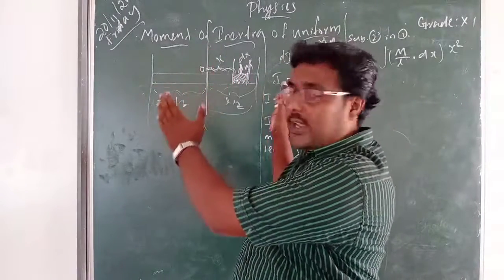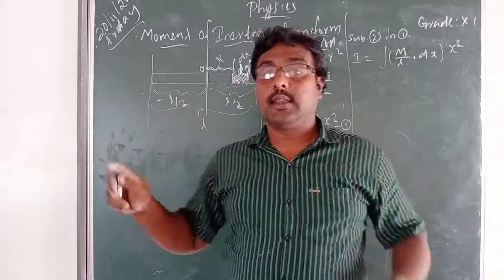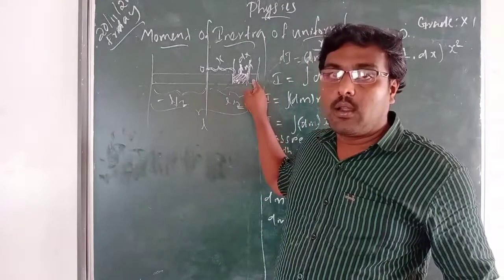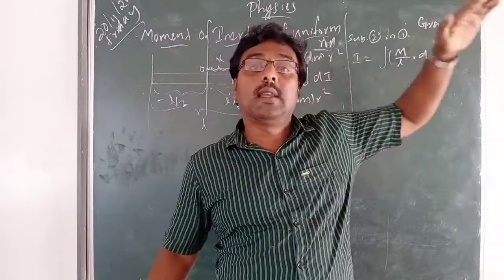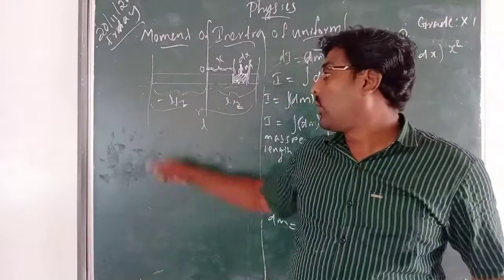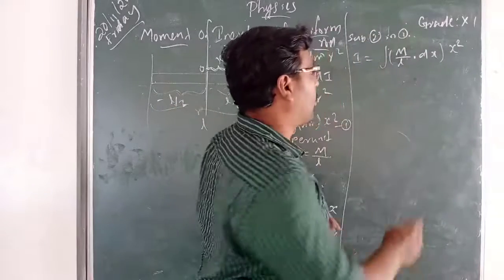The whole rod has total length L, so we have to give limits: from minus L by 2 to plus L by 2.